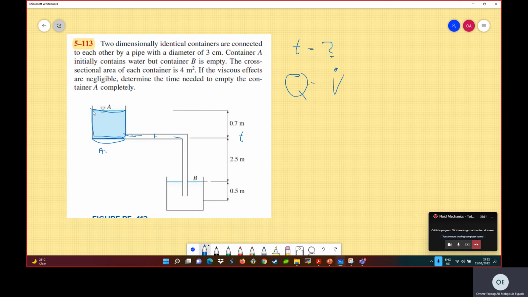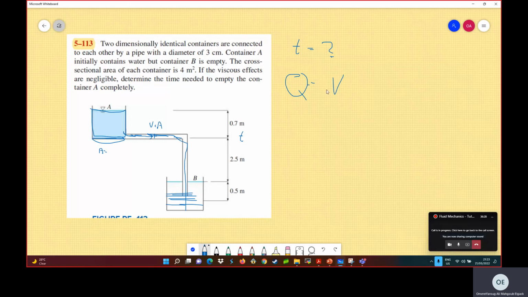the volumetric flow rate actually is the rate of decrease of the water volume inside the container, and it is also the flow rate here, which is V multiplied by A, and it's also the rate at which this container is being filled, the rate of increase of the volume of the fluid in container B. They are all the same.